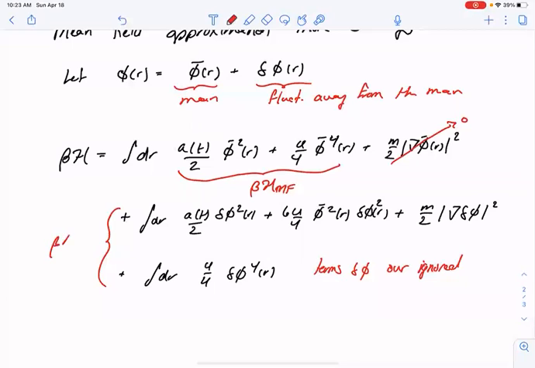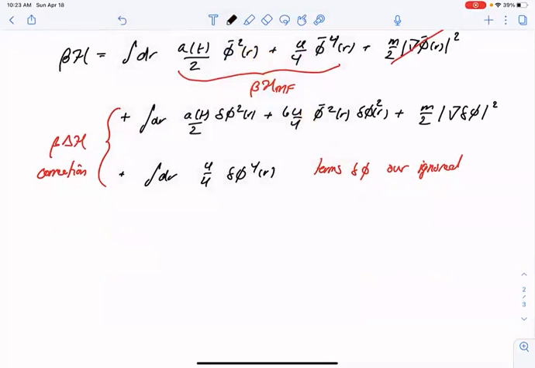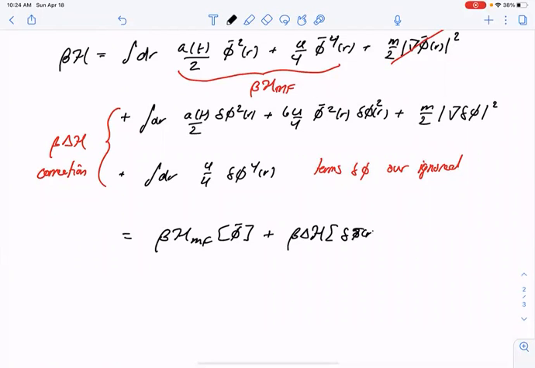Let's define that as a correction, beta delta Hamiltonian. So with that separation, we now have a Hamiltonian that has a mean field part, which depends on this average phi, which will minimize the Hamiltonian, plus a correction term that depends on the fluctuations of phi around that mean field.